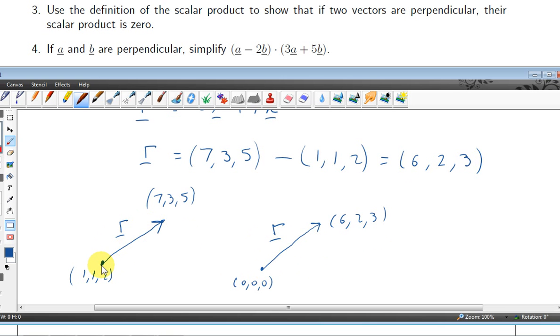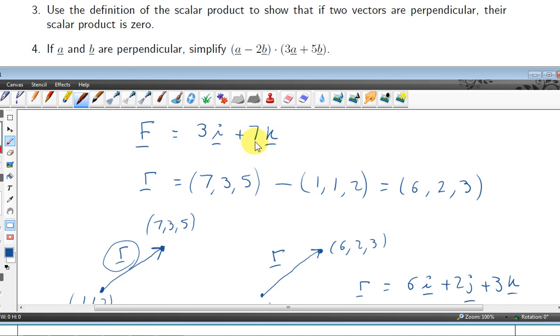So this is the displacement vector, initial position of the particle, final position. So it moves in a straight line. And to name this vector r, we need to just position the tail of the vector at the origin. Then the coordinates of the head give us the vector. So vector r then, if we want to write it in ijk form, is 6i plus 2j plus 3k.